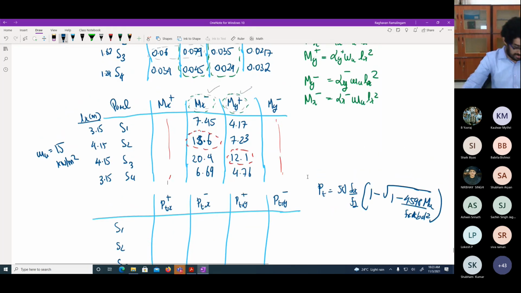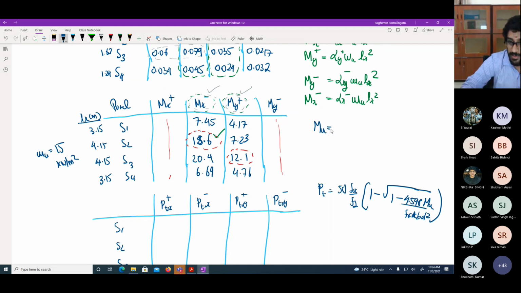Right now, obviously the first thing we're going to check is whether the depth is sufficient. What I know is, I'm just telling you, you can verify it later if you want. The maximum magnitude moment among all of this will actually be this. So for this alone, I can check whether the depth is sufficient.